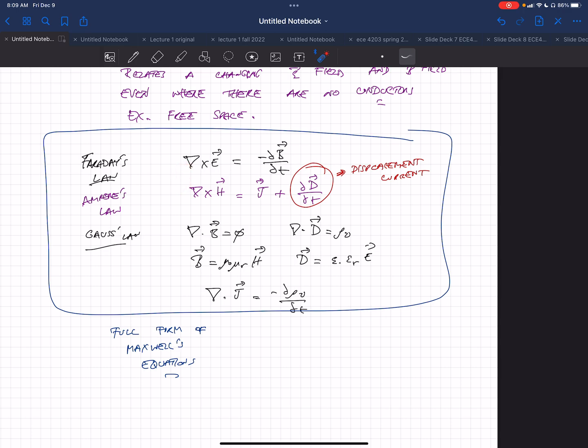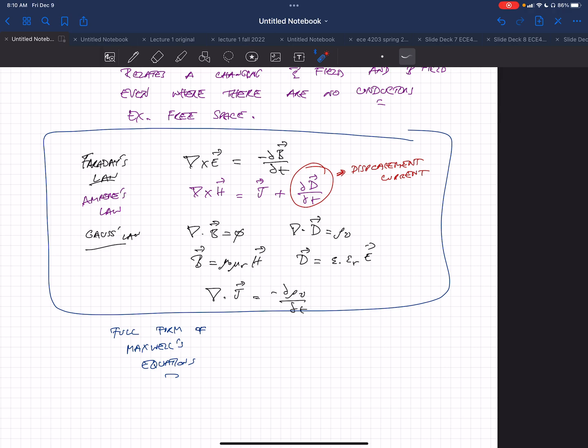But because it was only this current showing a changing charge, the actual current in a conductor, these would only be valid inside or in relation to a conductive wire. So as long as you have a conductive wire, and that's where your current would be flowing, you would have this relationship between electric field and magnetic field.